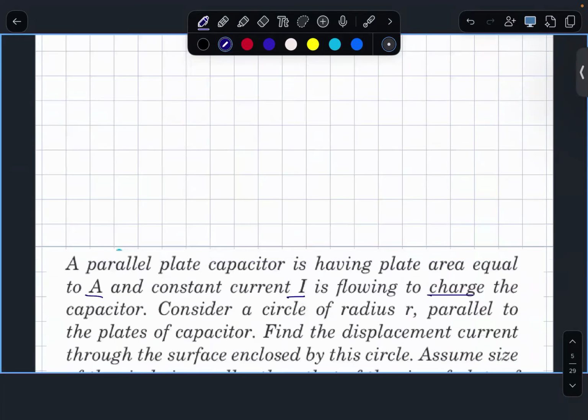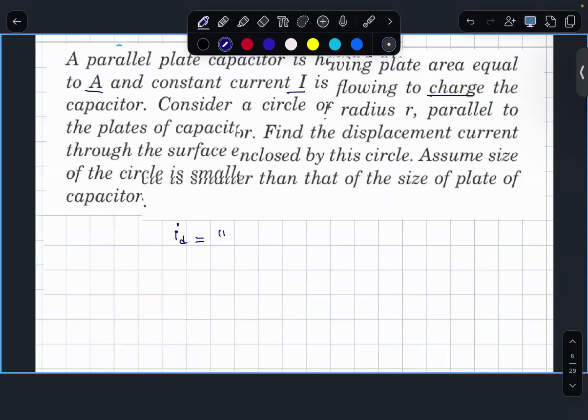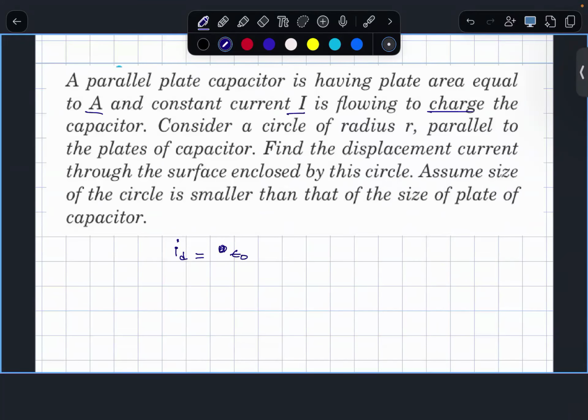So how to find the displacement current? Epsilon naught, that area which you have selected, dE by dt. But how do I know these things?